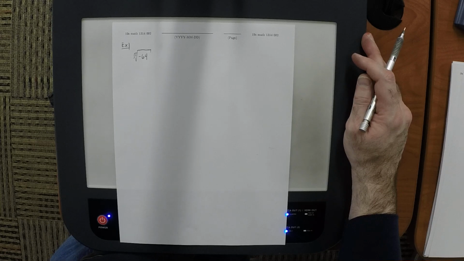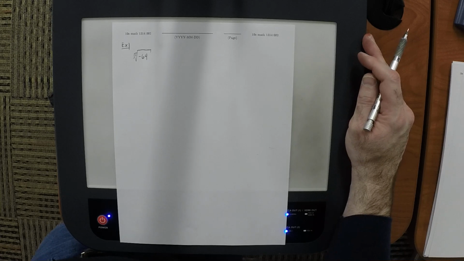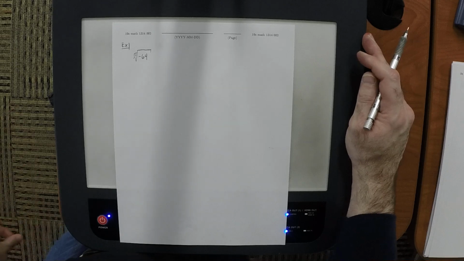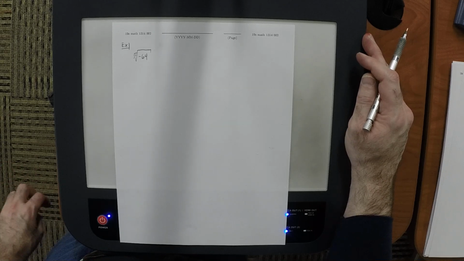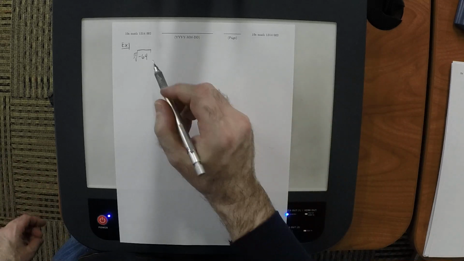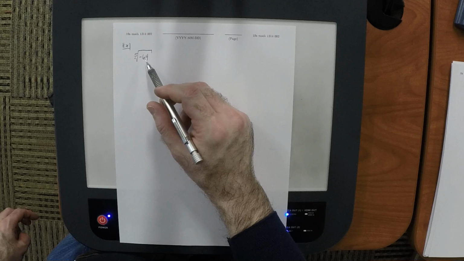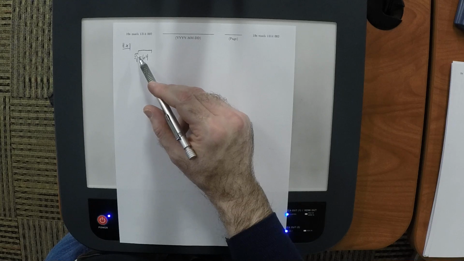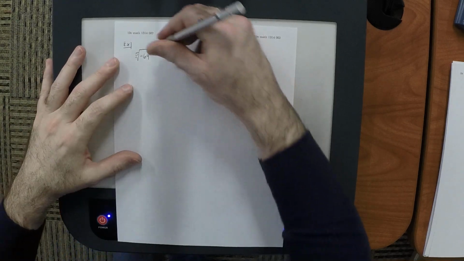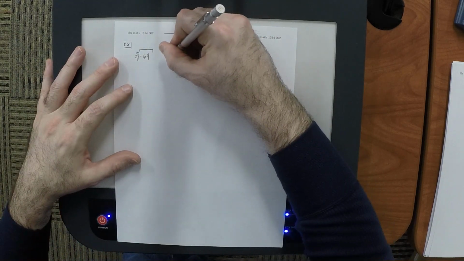So the fact that I have a radical and I can see that the input is negative, in my mind, the very first thing to check is to ask, is that even defined? Is that a thing? So yes, we can do this input. Why can we? Yeah, because this is a fifth radical, and 5 is odd. So, is it defined?